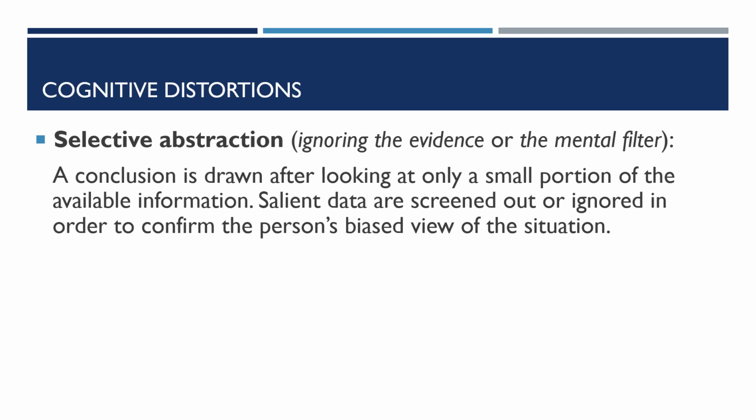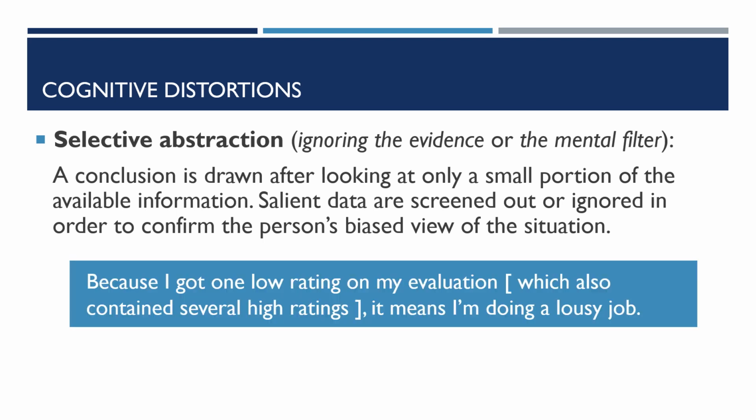There is other data that supports a different perspective of looking at things, but that data is completely screened out or ignored. So despite all this evidence that supports otherwise, your clients still conclude, focusing on just a small portion of data available.